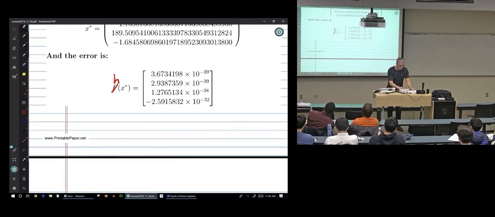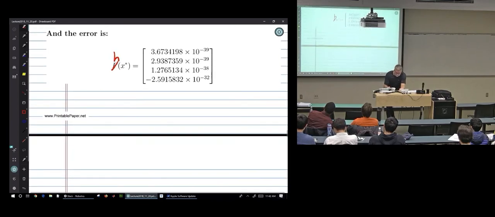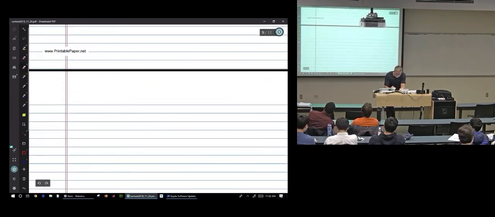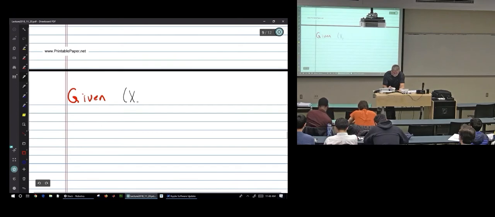Okay, so I'll keep it in red. Given X, a normed space.